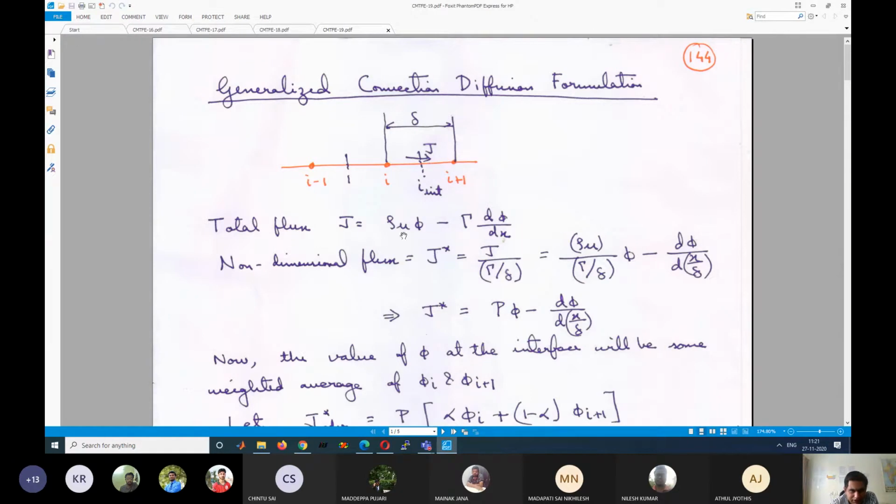Okay. So let us try to understand this generalized convection diffusion discretized formulation today. For this case, again we will assume our standard grid structure with P point.